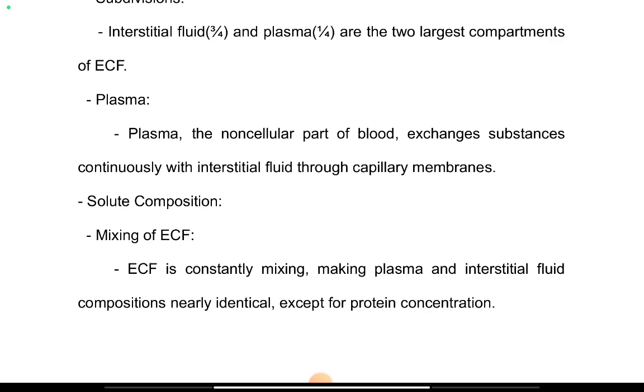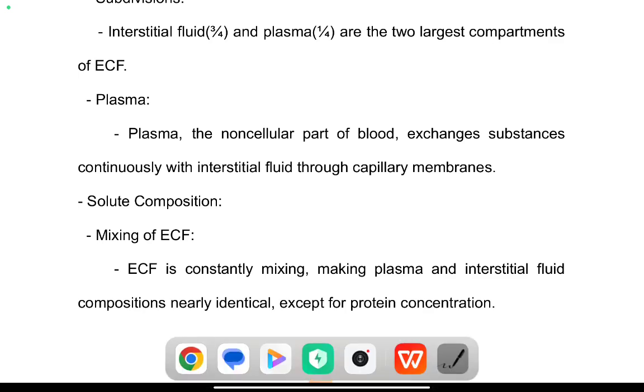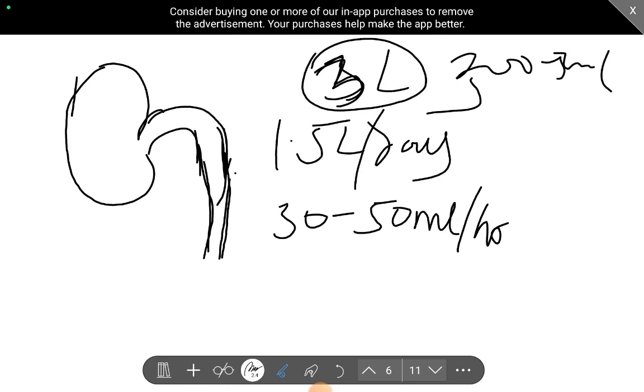The reason why this variation exists between the plasma and the interstitial fluid is that there are ions in the plasma, and there are also proteins. Mind you, proteins are negatively charged. Let's go back to our whiteboard. Let's get a new page and see what we can do.